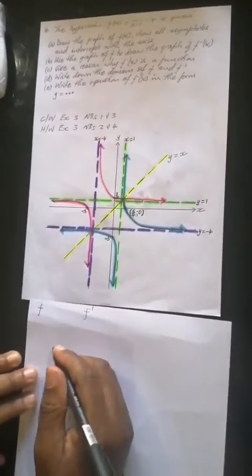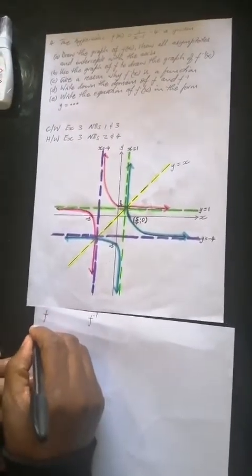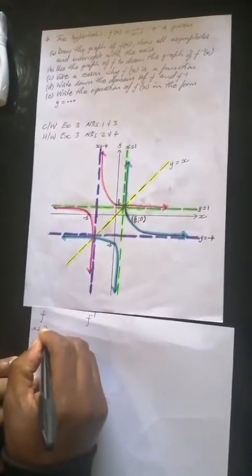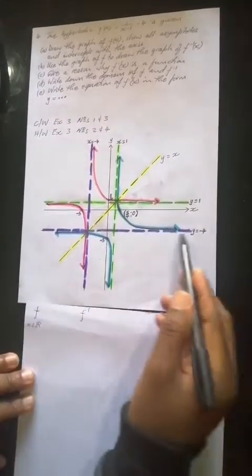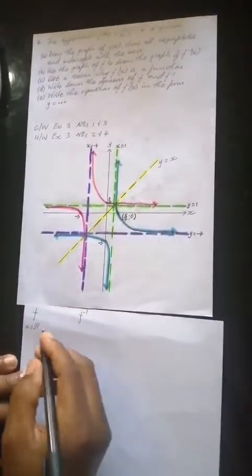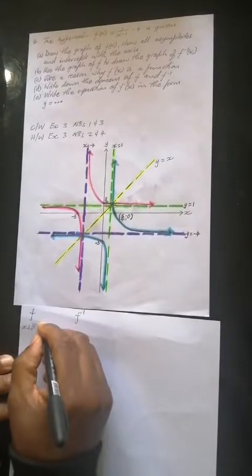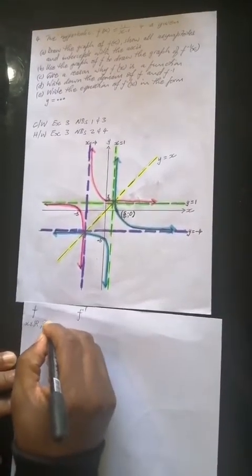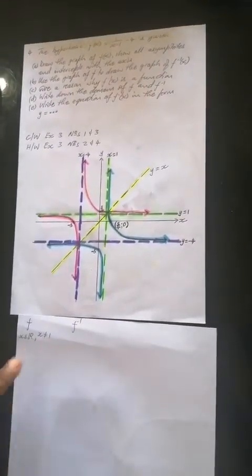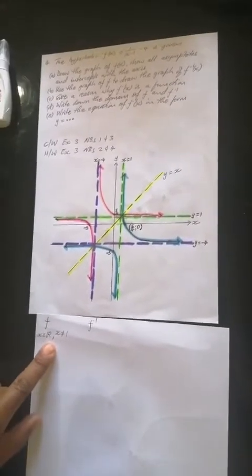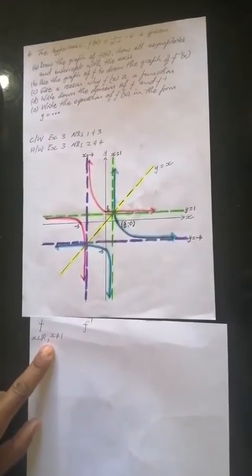It will be x is a member of all real numbers, because x is satisfying all real numbers, except that x cannot be equal to 1. Very, very important for us to remember.